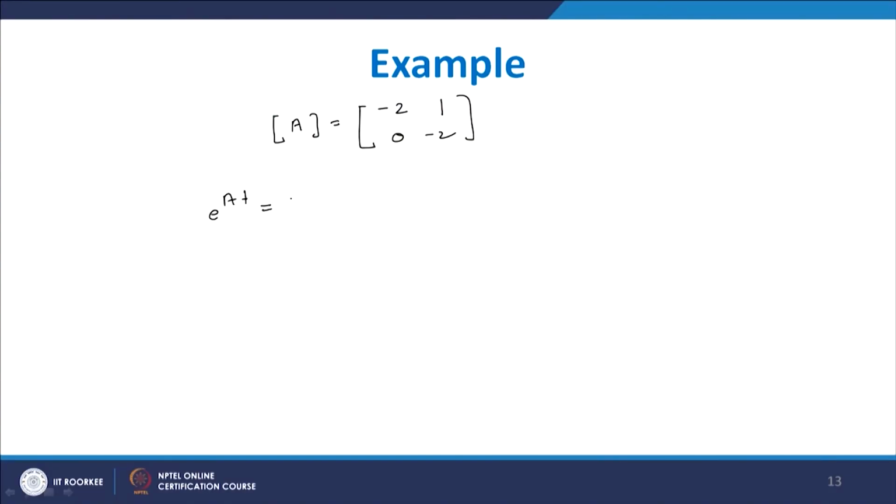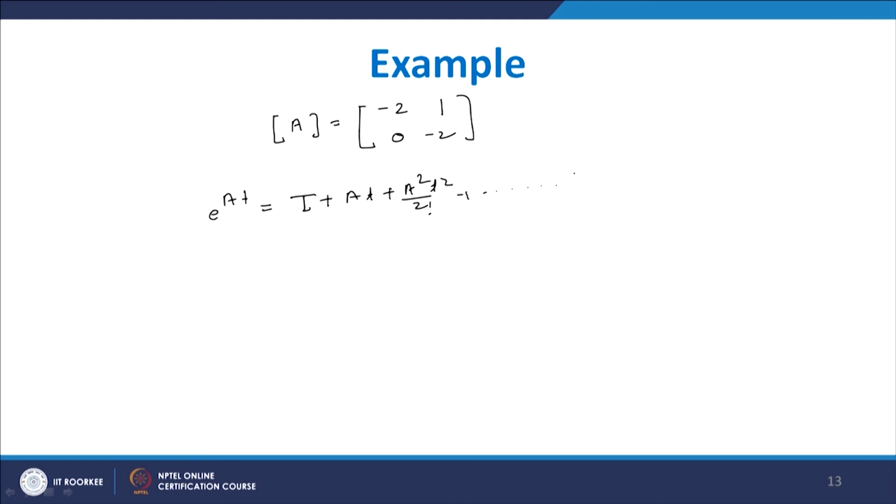Suppose you are taking A matrix equal to minus 2 1 0 minus 2, and we have to determine the state transition matrix e raised to at by means of the power series approach. So, here e raised to at equal to the same formula we have to use: I plus A into t plus A square t square factorial 2, and like this.